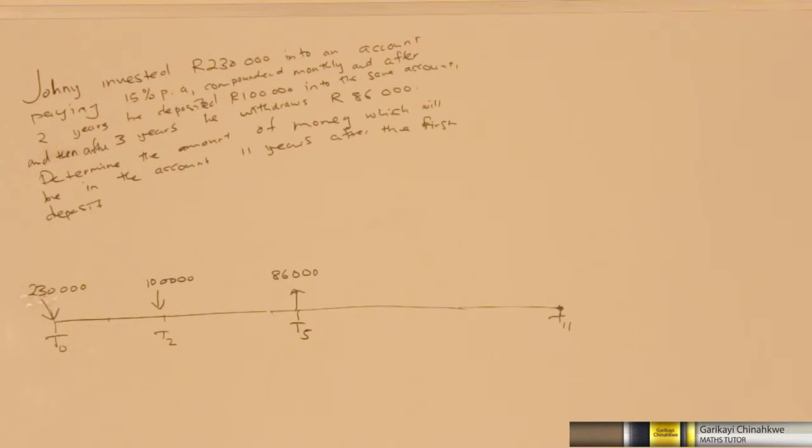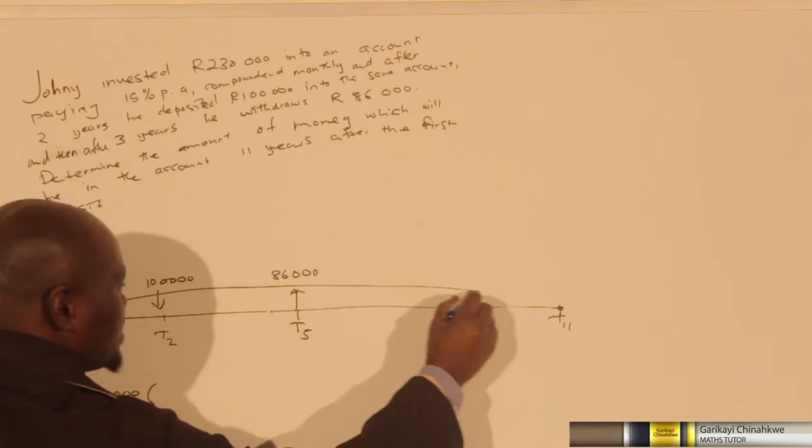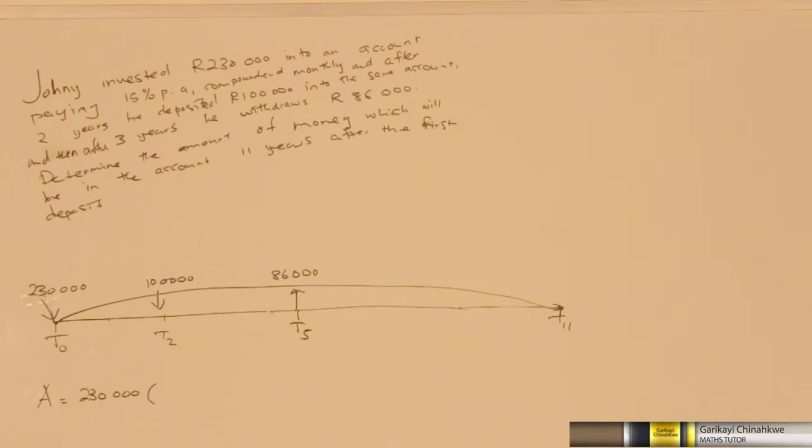It's very easy. You're just going to say A is equal to 230,000, which you must grow to the end, isn't it? So how do you grow it?